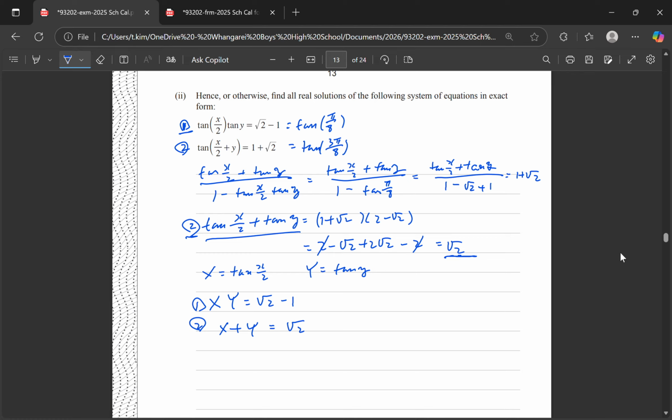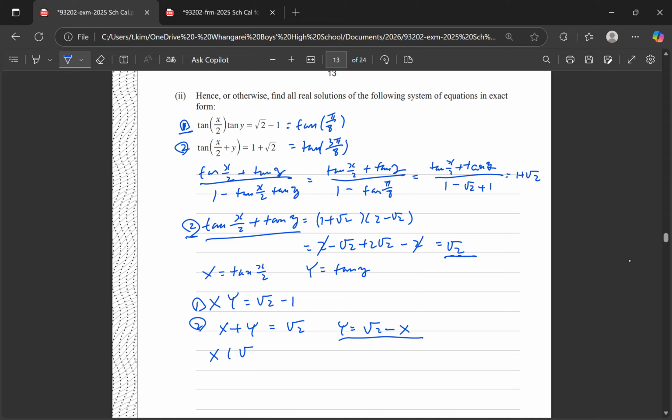So we rewrite this. I'm gonna say Y equals, what? √2 minus X, isn't it? So therefore, I substitute this into equation number 1.